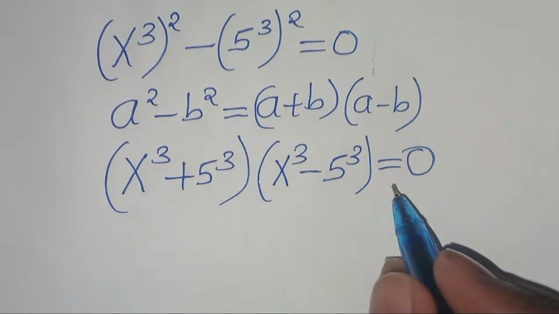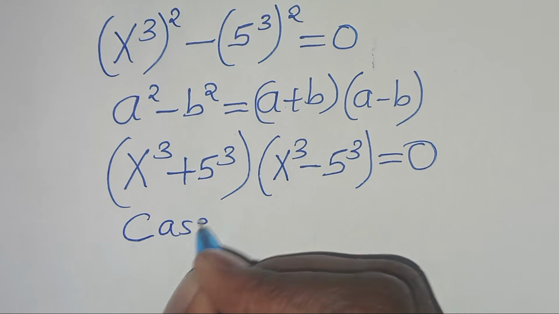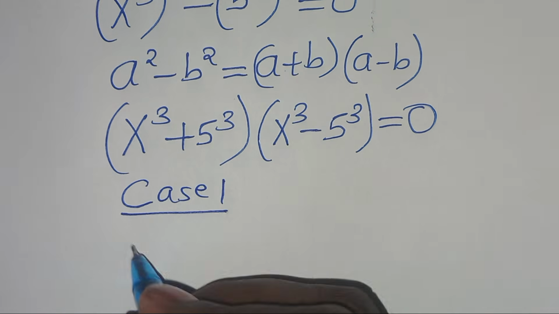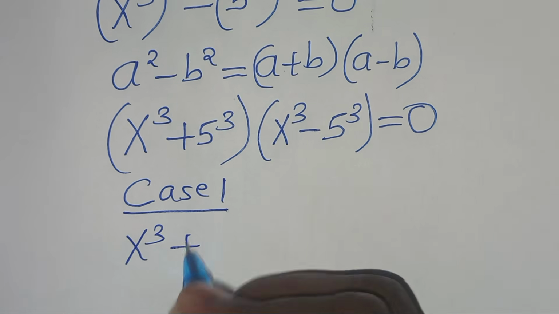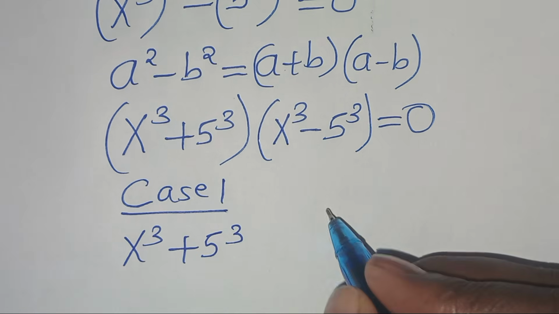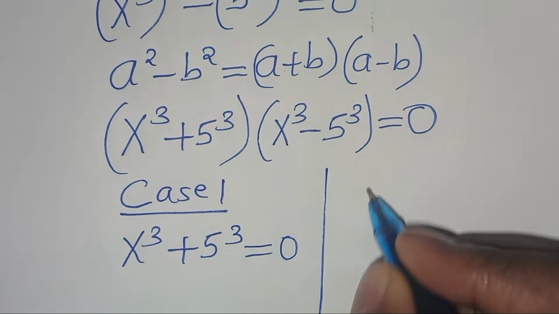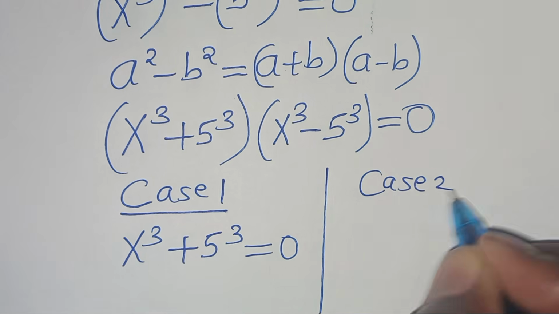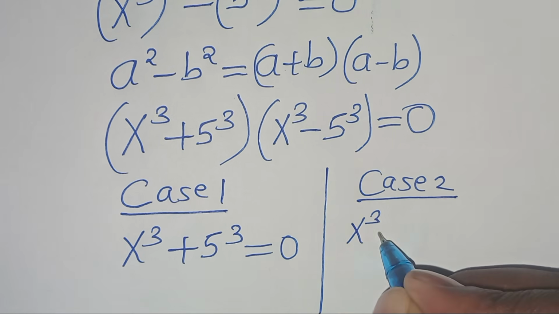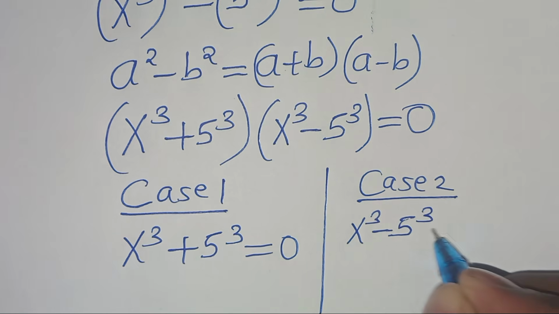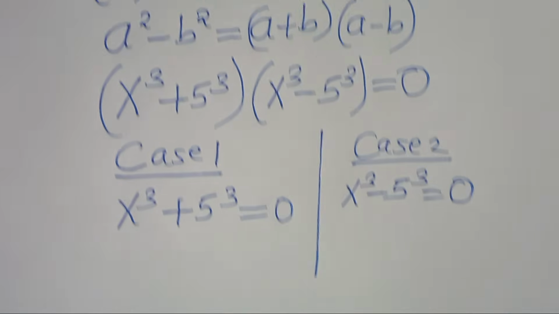So we have two cases here. Case 1: x to the power of 3 plus 5 to the power of 3 equals 0. Case 2: x to the power of 3 minus 5 to the power of 3 equals 0.